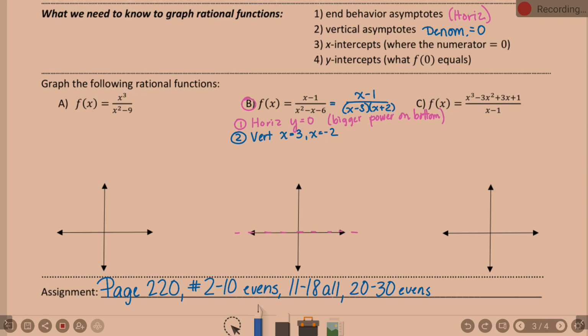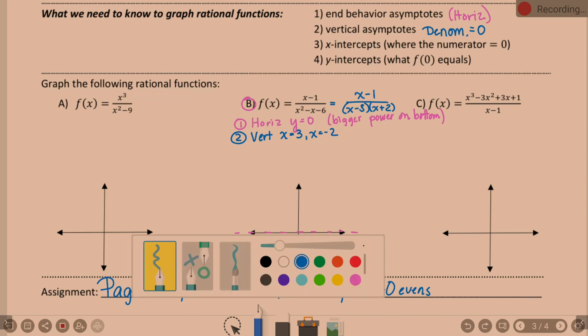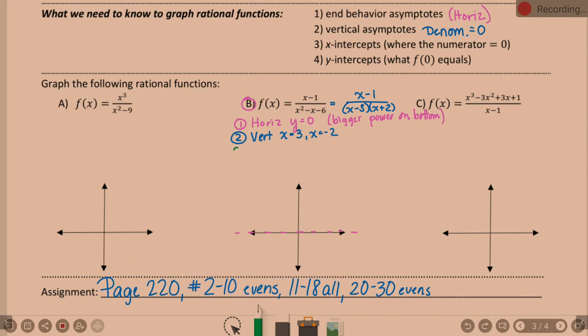3. X equals 1. Okay. I mentioned x-intercepts earlier, didn't I? X-intercepts are officially when y equals 0. That's what you were taught back in algebra. That's what we reviewed earlier this semester at some point.